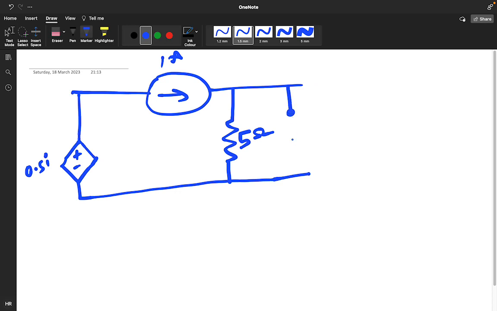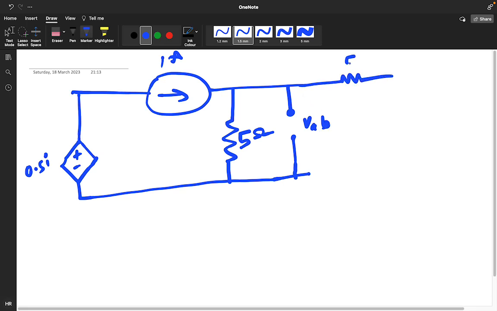Now you need to find VAB across this. This is 5 ohm, this is positive, negative.